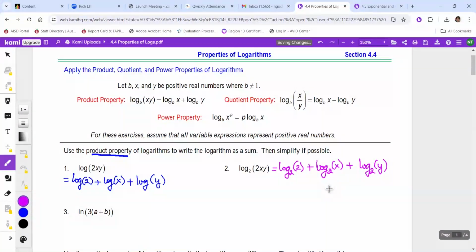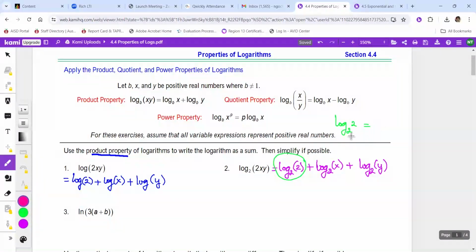Okay, now if we can simplify, then we can go ahead and continue to simplify. As you can see right here, log base 2 of 2. Think about it: 2 to the power of what gives 2?